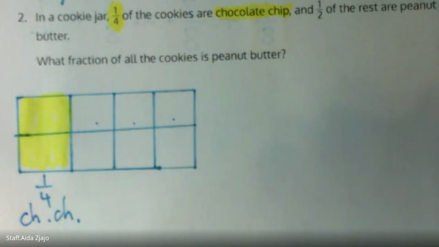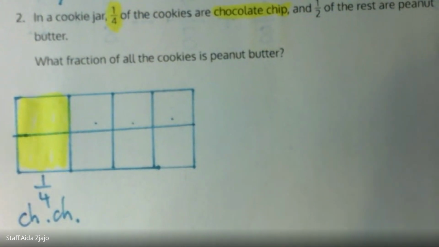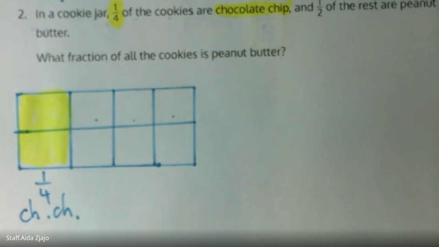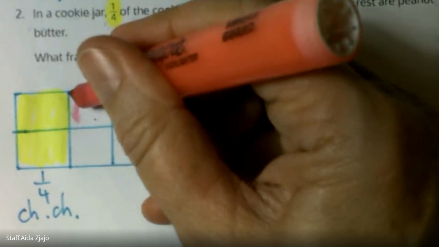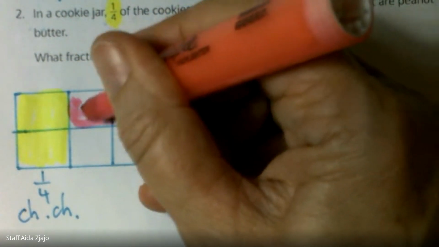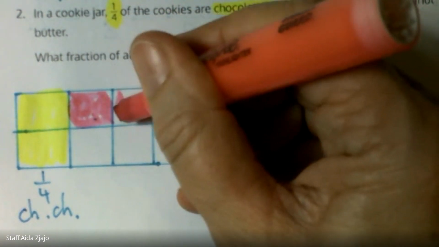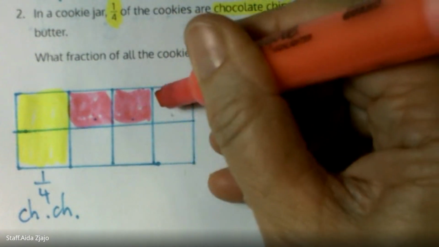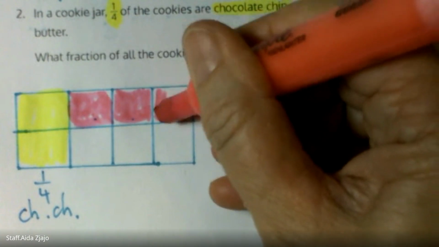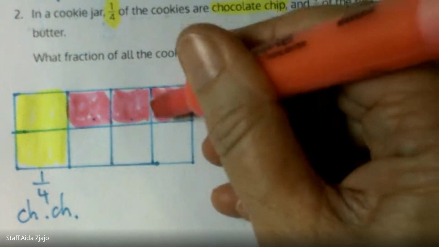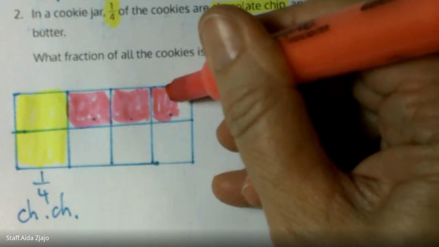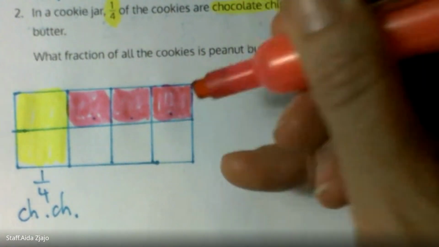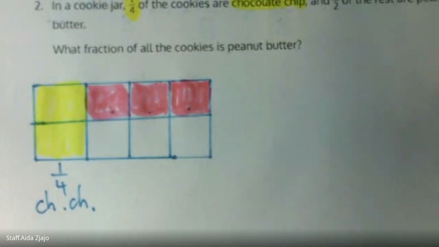So this is peanut butter. This is half of the rest. So maybe the rest are sugar cookies, or a mix of macadamia nuts or other things, but this is what the story says.